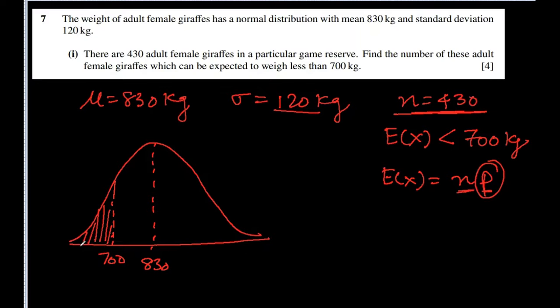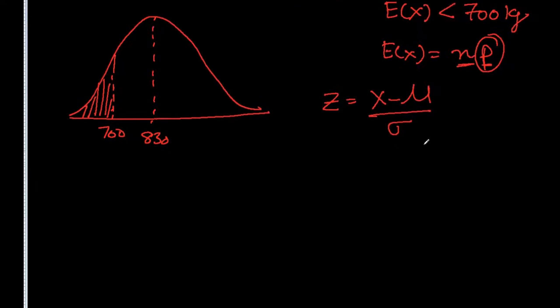So to find the probability first, we should have a z-score, which is equal to x minus mean over standard deviation. x in this case will be 700 because we are trying to find less than 700, right? So 700 minus 830 over standard deviation, which is 120 kg.